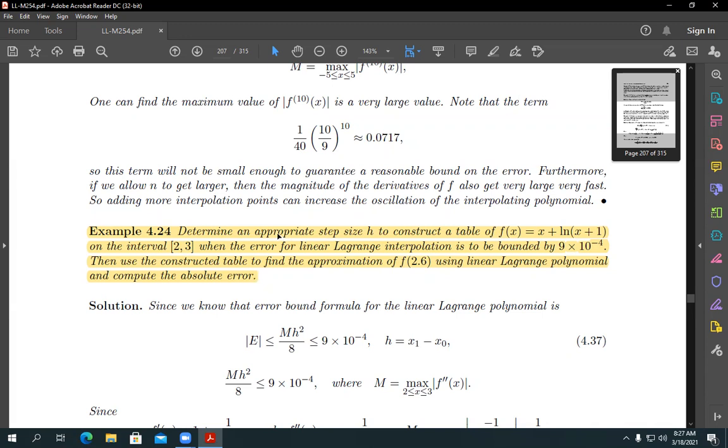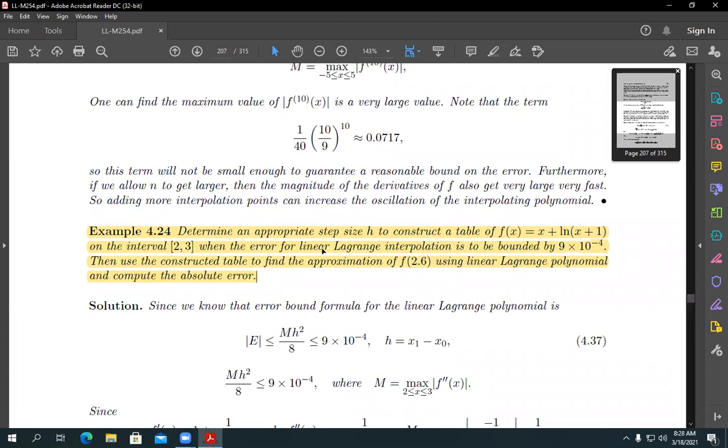He says, the first part, find h and then create the table. And to find h, we should know some formula. He says use the error formula for the linear Lagrange interpolation with the accuracy 9 multiplied by 10 to the minus 2. This is the first part.